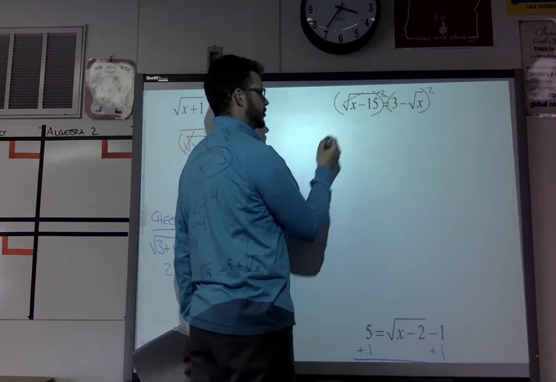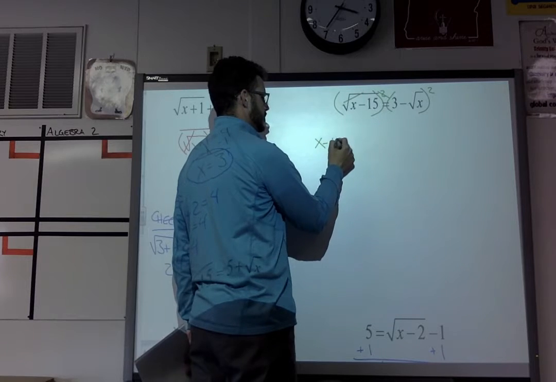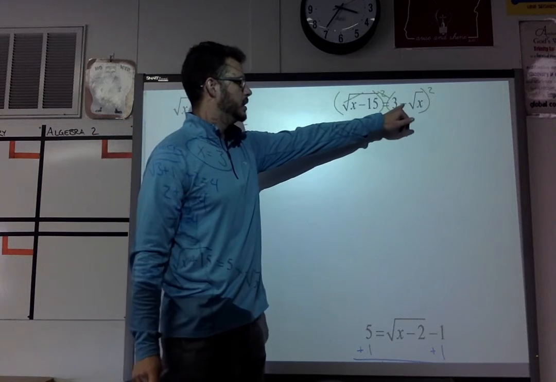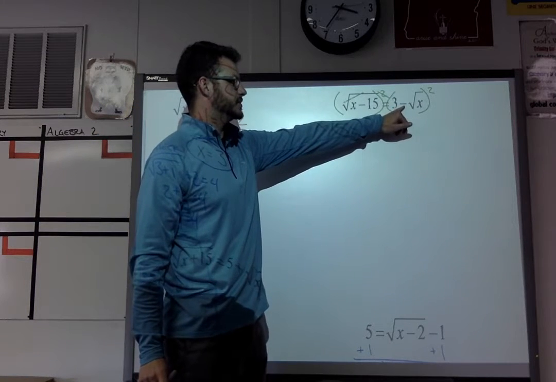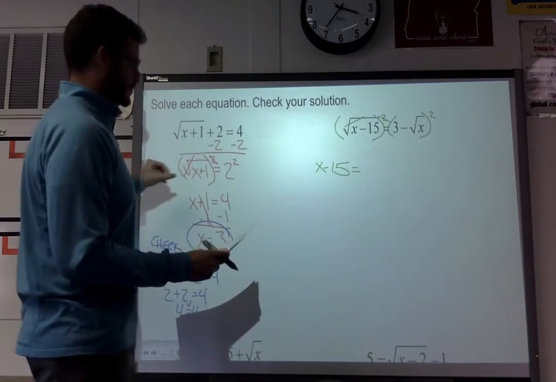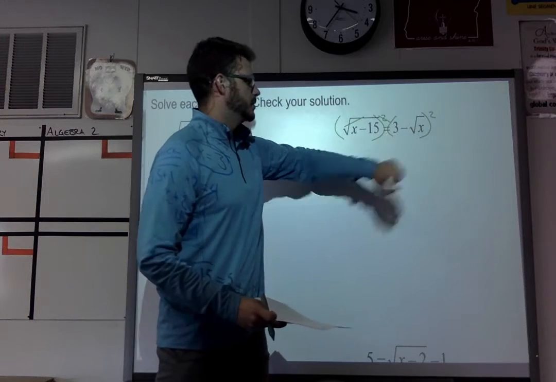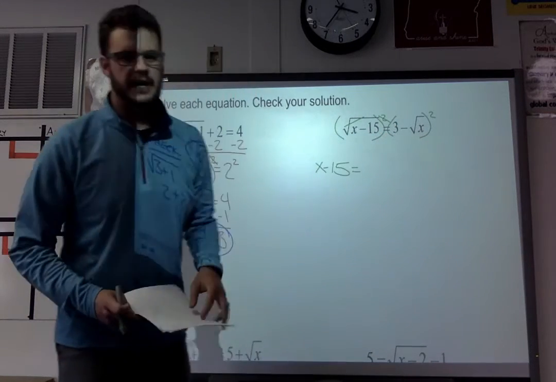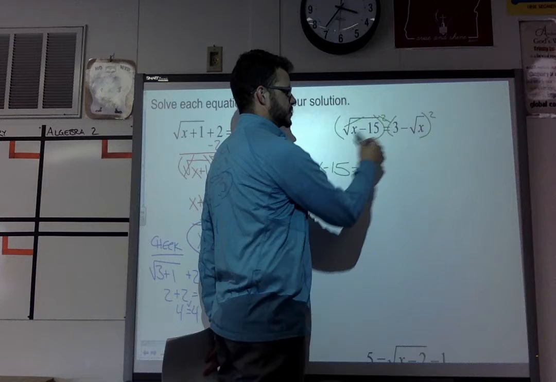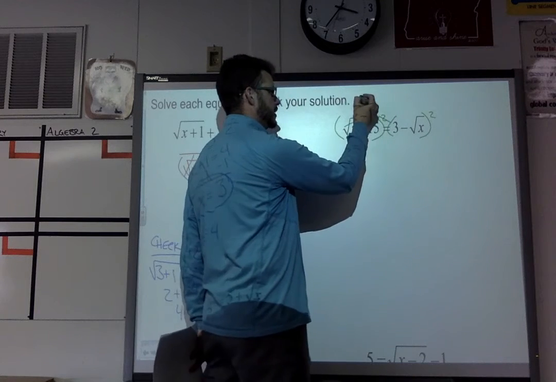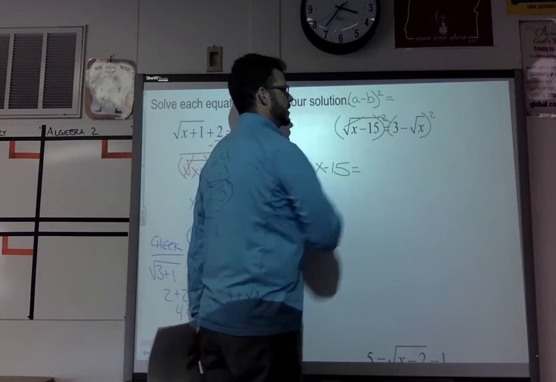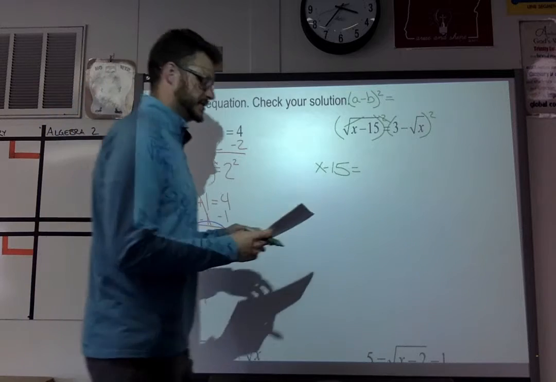So here, just like normal, those cancel each other out. So x minus 15 is equal to, now here we have a difference of two squares, or not a difference of two squares, sorry. If we go back to our patterns that we talked about last chapter, we know that if we have 3 minus the square root of x squared, or in this case really a minus b squared, our answer is always going to follow the same pattern.